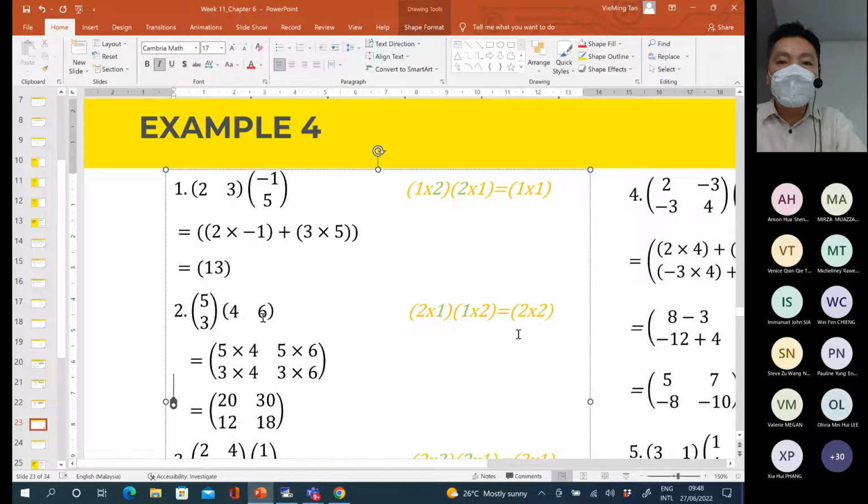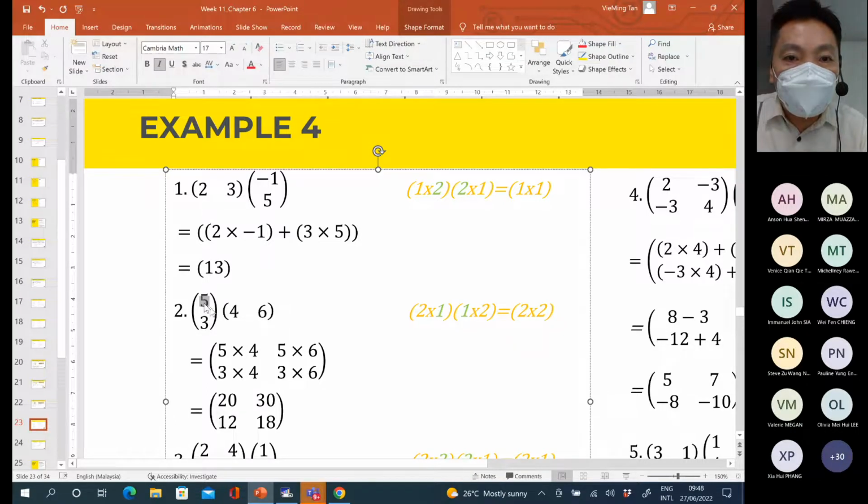How to get the element for first row and first column? First row is only this, and first column is this number only.